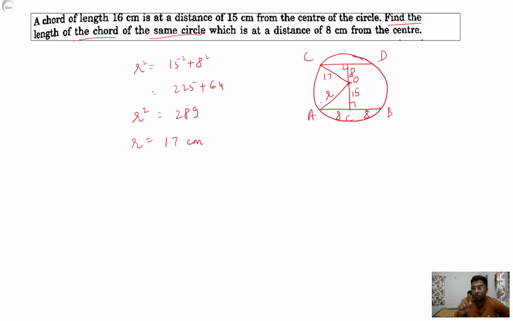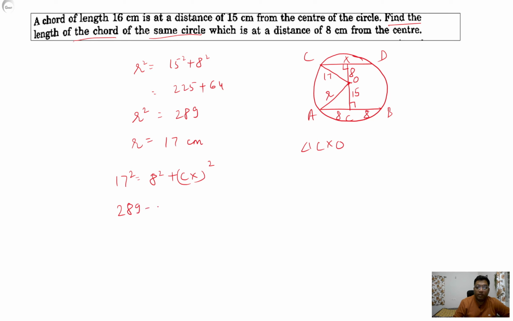So this time around, when we consider triangle, let's call this X, triangle CXO, then in that triangle, we have the radius. Earlier we didn't have 17, 8, and this part CX is missing. So I can say 17 square is equals to 8 square plus CX square. So 8 square will go that side.